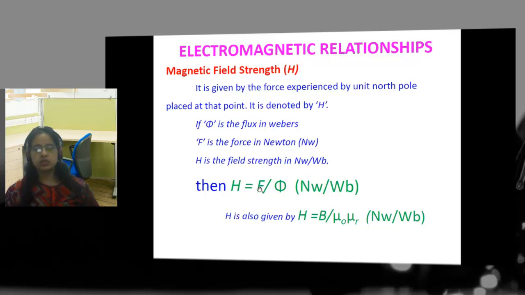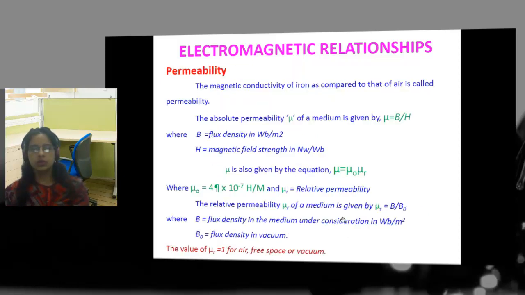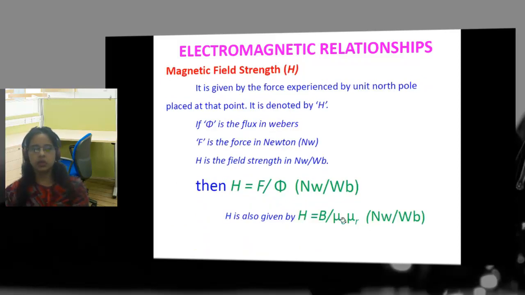It is the force per flux: H is equal to F by phi, Newton per Weber. H is also given by H is equal to B by mu naught mu R, where B is the flux density and mu is the permeability. Now I will tell you what permeability is.